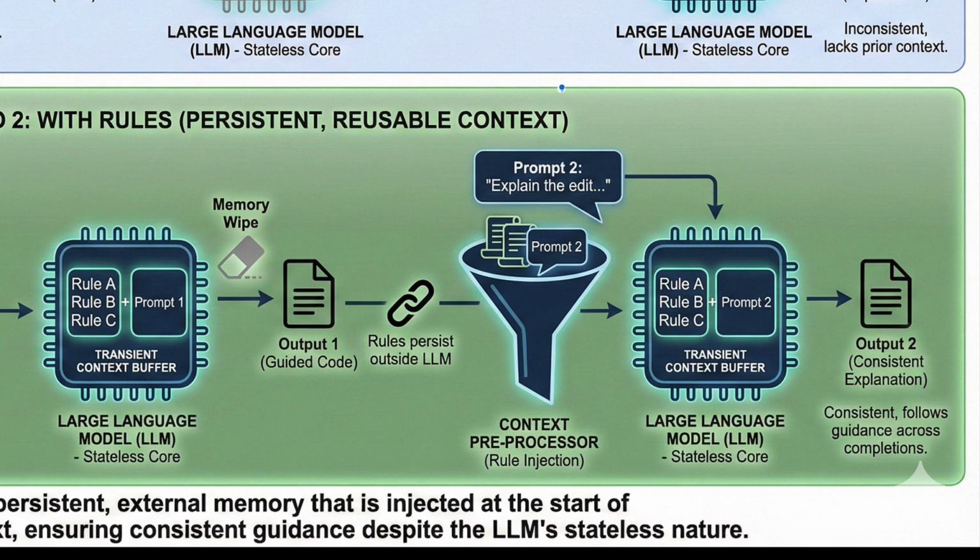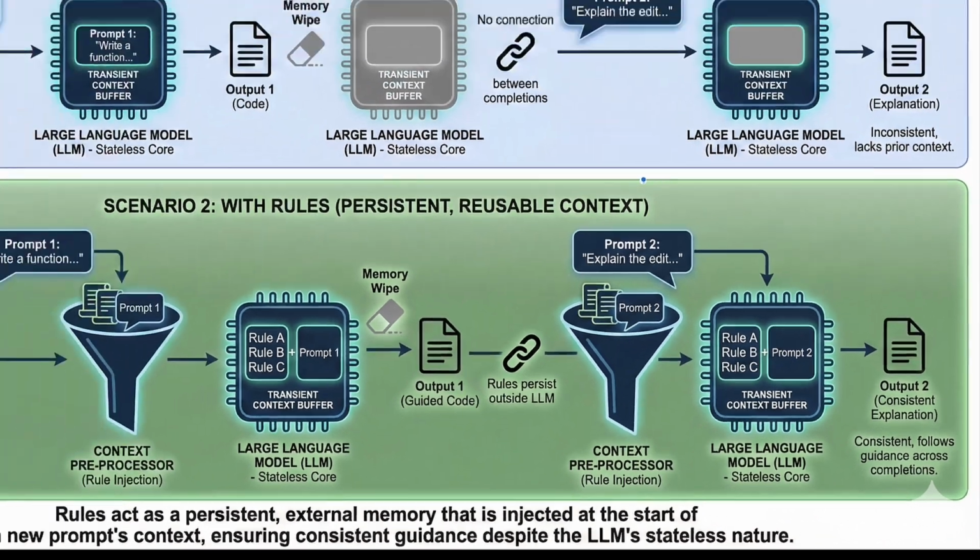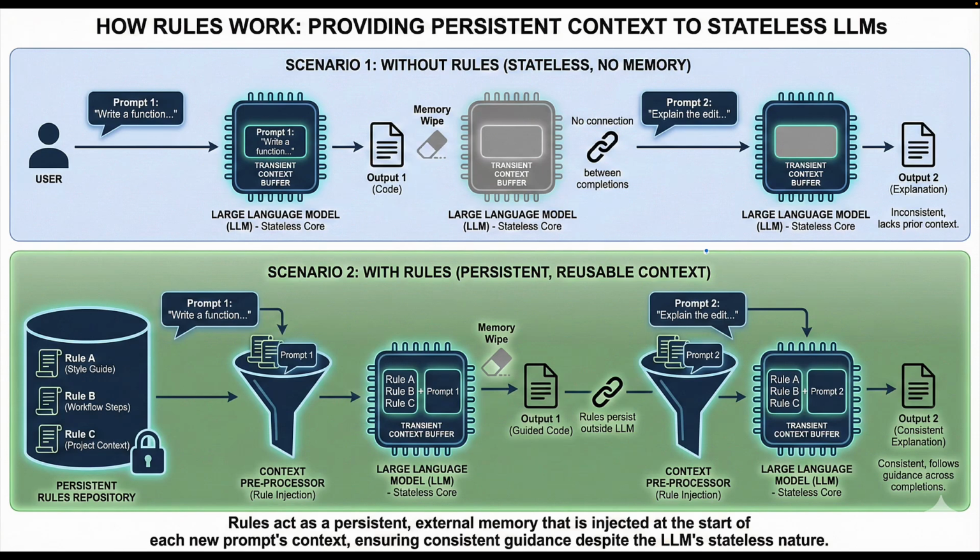At this point, the AI's buffer is once again loaded with the rules, plus your new prompt, because the rules are re-injected every single time. The AI generates output 2 that is consistent and follows guidance across completions. It acts as if it remembered the first interaction because the rules provided the necessary context again.